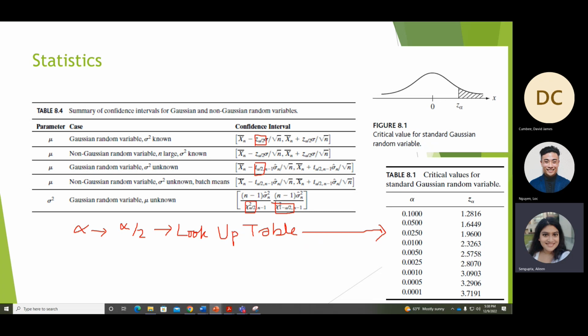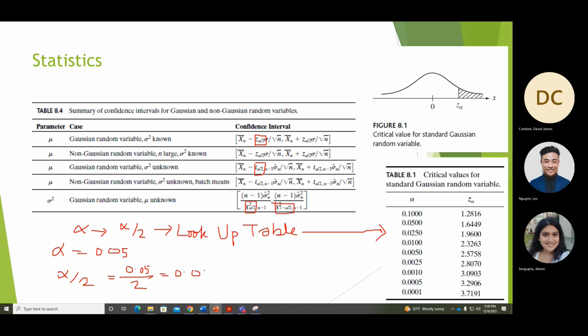So for example, if you have an alpha of 0.05, what is alpha by 2? That is basically 0.05 divided by 2, which is 0.025. Then you take this value and you search for it in this table.